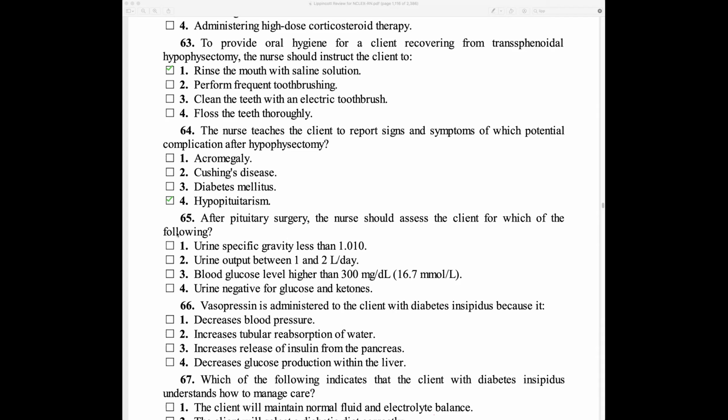So that's the situation here. We're performing a hypophysectomy to reduce the level of growth hormone in their body, but we can drop it too much, and that would be hypopituitarism. Very, very good. All right, so let's go back.